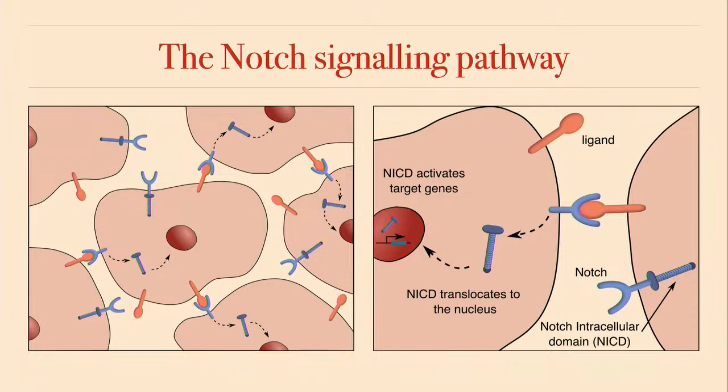When you have a successful binding between a ligand of one cell and the receptor of its neighbor, the intracellular domain, the NICD, Notch intracellular domain, will cleave off from this complex, translocate to the nucleus, and then activate some target genes, right?